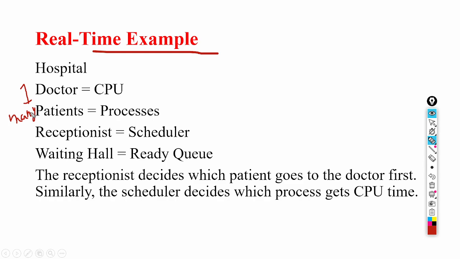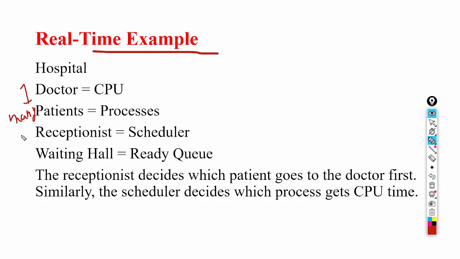So the receptionist decides which patient should meet the doctor first. Similarly, the scheduler decides which process gets CPU time. Are you getting my point? Which patient should meet the doctor first.